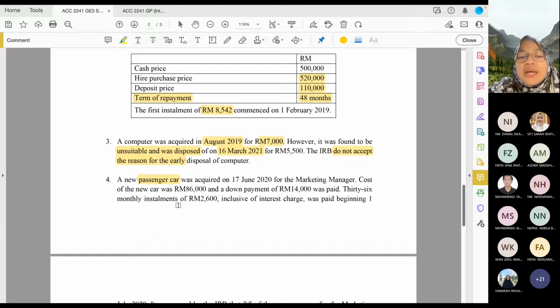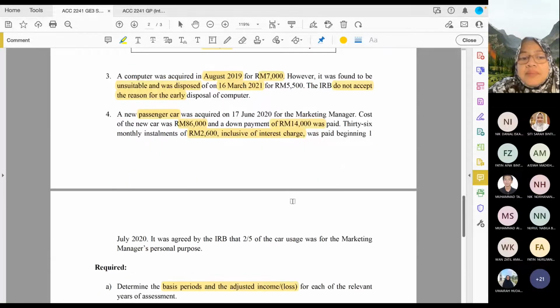So in this case, you have a passenger car that costs 86,000, with a down payment of 14,000. So this again is a hire purchase, and you have an installment payment of 2,600, which is inclusive of interest charges, paid beginning of July 2020.